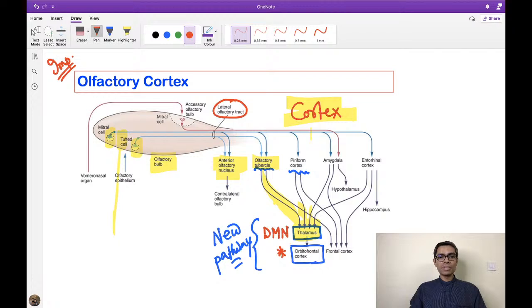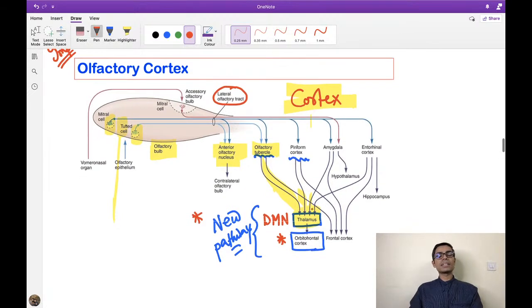This pathway, which reaches from the thalamus to the orbitofrontal cortex, is known as the new pathway for olfaction. This new pathway is particularly dedicated to olfactory discrimination, meaning the orbitofrontal cortex is responsible for discrimination between two different types of odor. We can discriminate millions of odors, but this is the function of the orbitofrontal cortex, because of which we can discriminate two different types of odor, right?